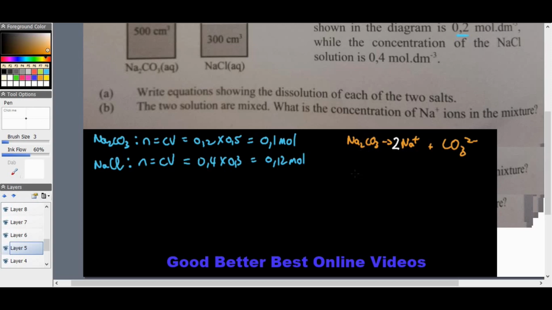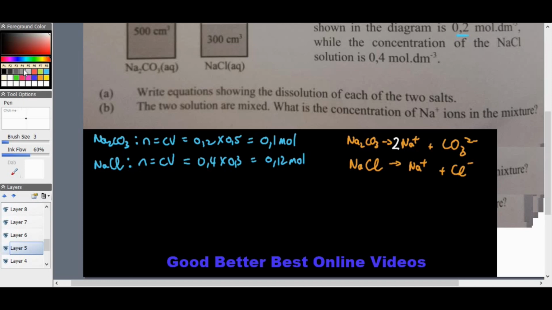The next one, of course, is NaCl. NaCl also dissociates in water to become a solution, and we get Na plus and Cl minus, all in aqueous solution. Now for the two substances, this is the amount of moles.